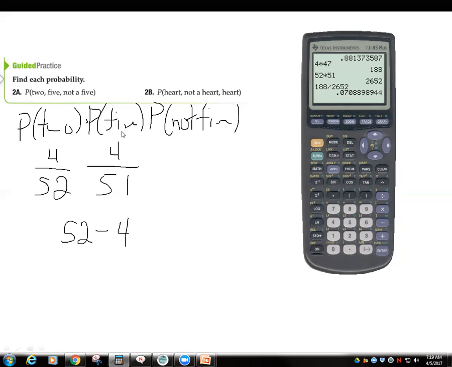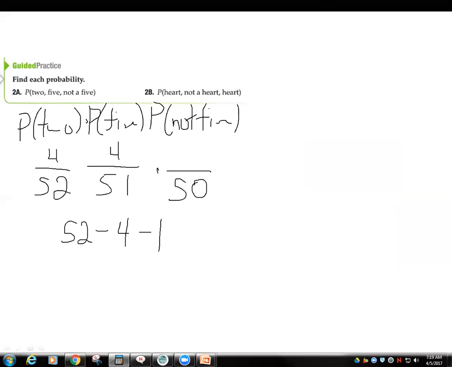Okay, so you know this would be over 50. And you picked 2 already, so you got to subtract 1 more off of that. So it'd be 52 minus 4 minus 1 should be 47.